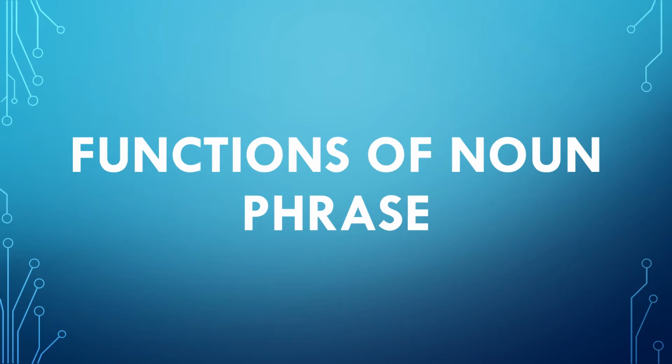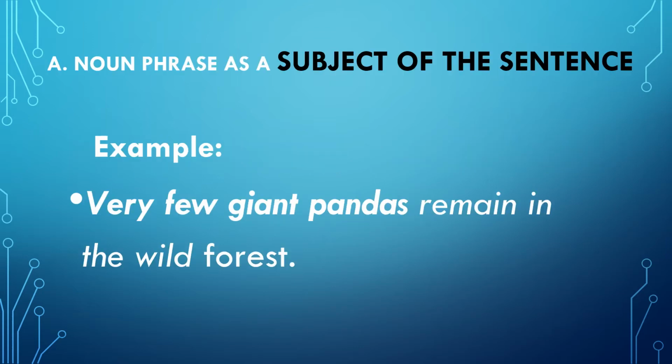Now that we know the definition of noun phrase, let us move on to the functions of noun phrase. The first function of a noun phrase is that it is used as a subject of the sentence. Now let us define the word subject. Subject is what the sentence is all about, and the subject performs the action in the sentence.